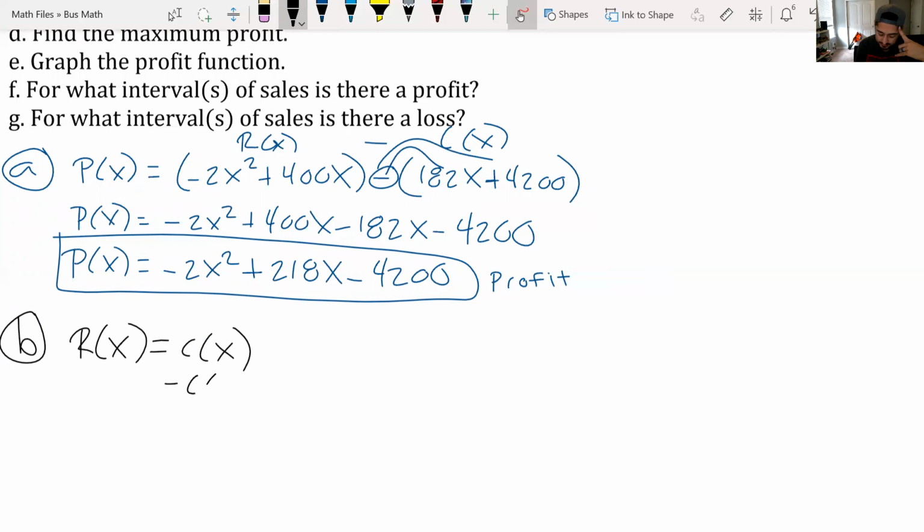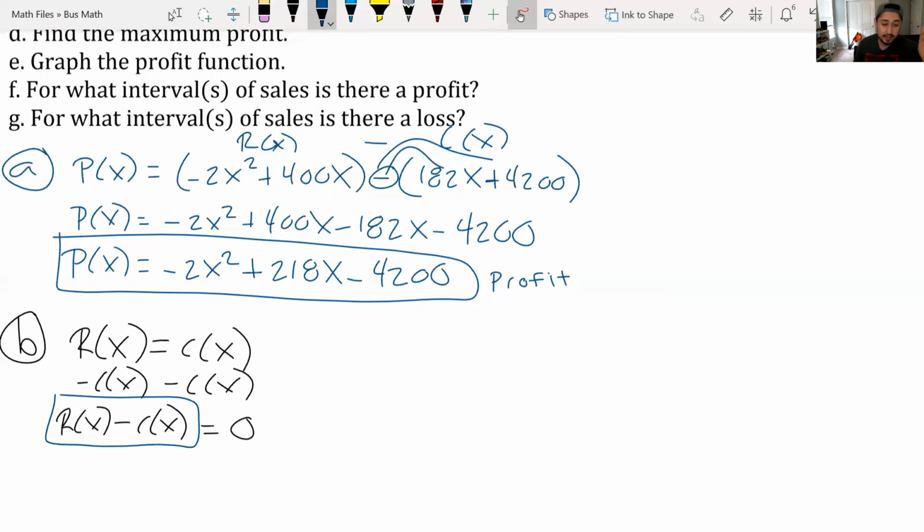If I said minus C of X, you would get R of X minus C of X equal to 0. Well, what is represented by R of X minus C of X? That happens to be P of X. And that's what we have already.